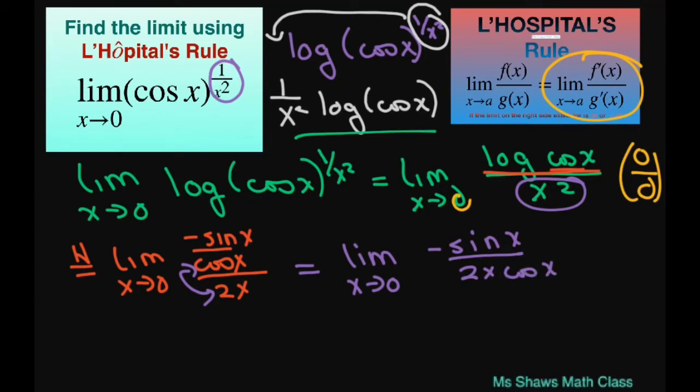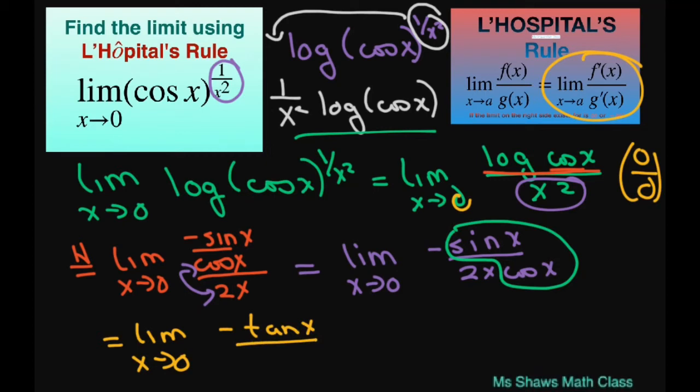Now looking at this, right here, this is tan of x. So let's simplify some more and write this as the limit as x approaches 0 of negative tan of x divided by 2x. We still have the form 0 over 0.